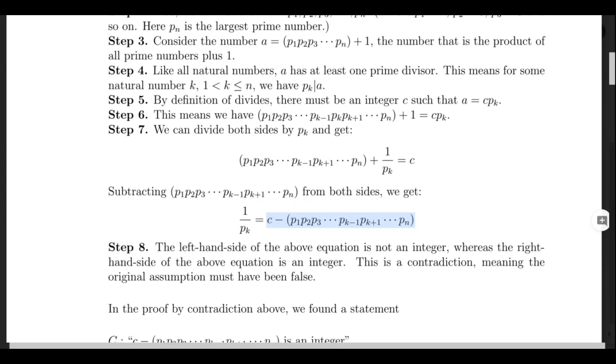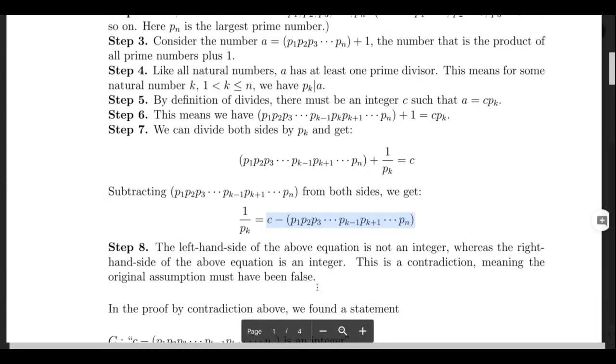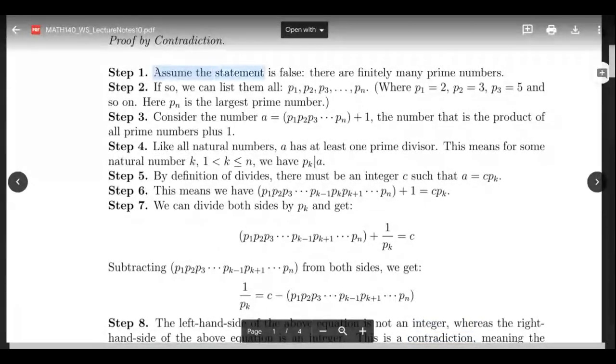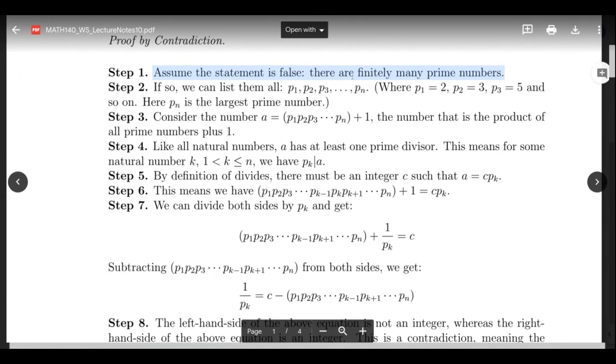So we find one contradiction, meaning the original assumption must have been false. Because this contradiction is derived from this assumption, we assume something, so that means this assumption has to be false.